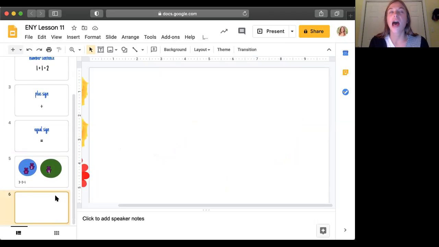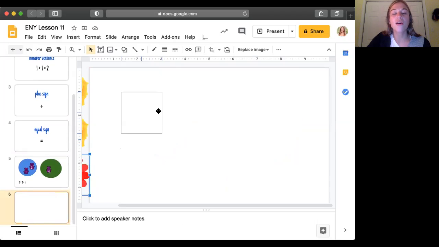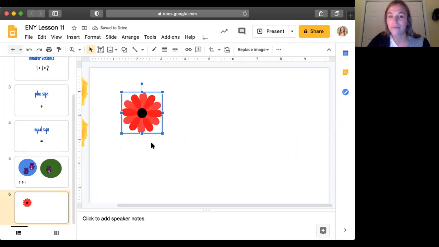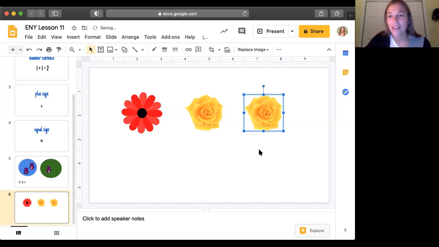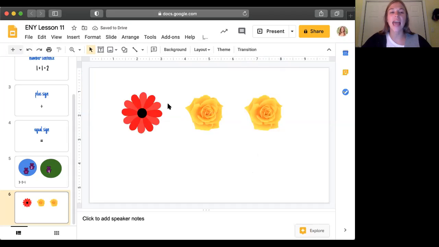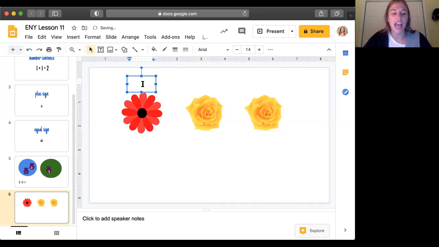So, yesterday, Miss Ziegler was picking some flowers on her walk. So, she picked 1 red flower. Then she kept walking and she picked another yellow flower. And she liked the yellow flower so much that she got another one. So, let's count and label, how many flowers did she have?